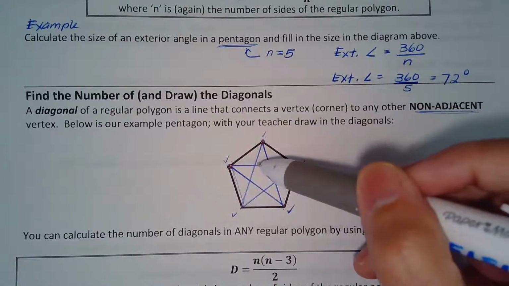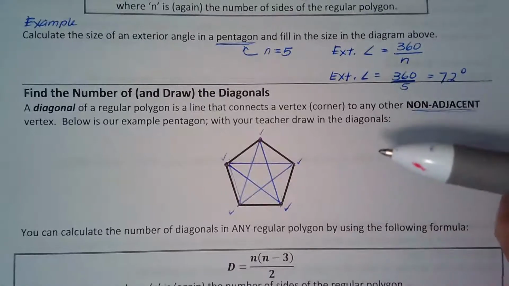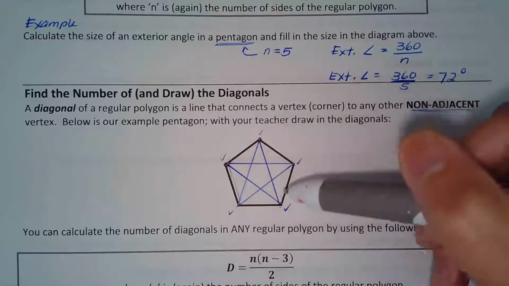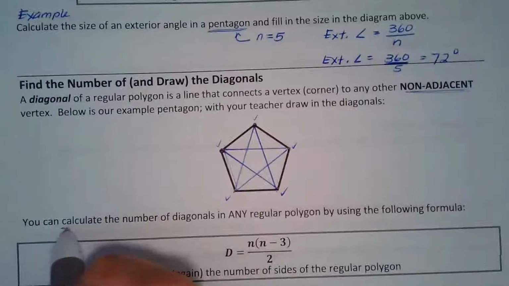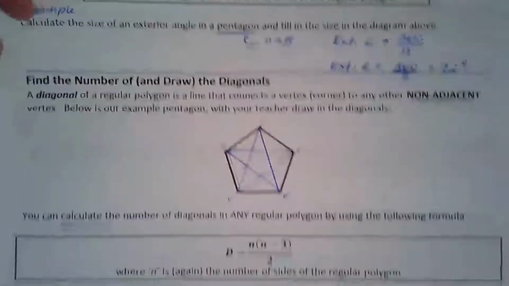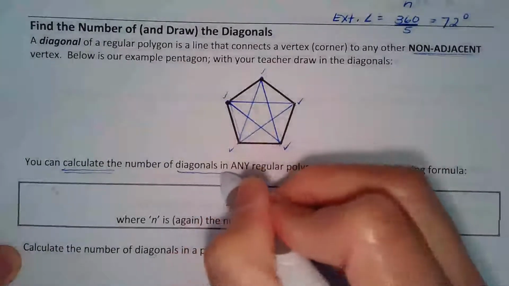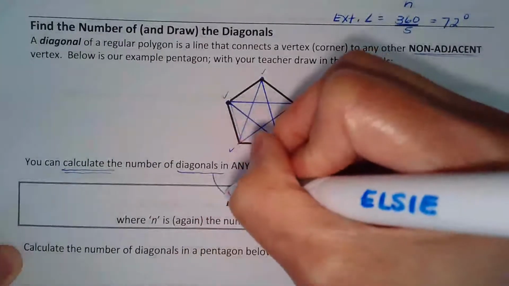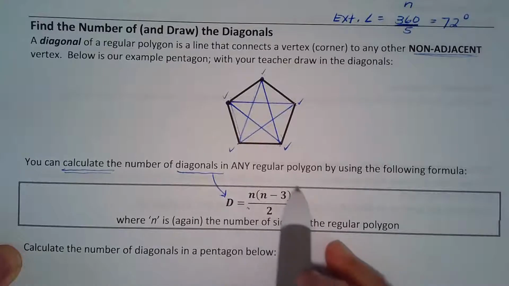Well, it's easy to keep track of it when we don't have a lot of diagonals. But what we can do is we can calculate. So how do we calculate? Okay, because they're asking for the number of diagonals, that's why it's called D. For diagonals of any regular polygon, we can use this formula.